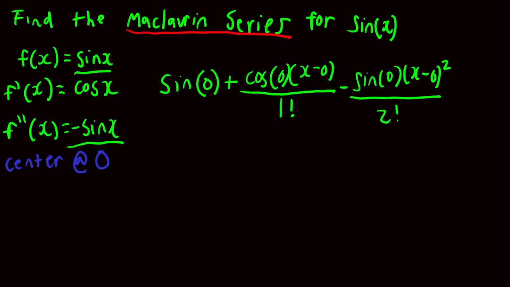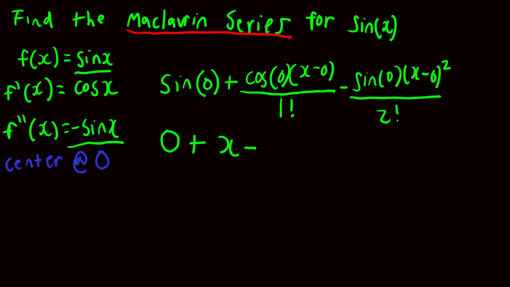Alright, so now we can start simplifying it a little bit more, just to make it a little bit easier for us to see. So, sine of 0. What is sine of 0? Well, you should have your trig values memorized. Sine of 0 is just 0. Cosine of 0 is 1, so this just becomes x over 1, so just x.